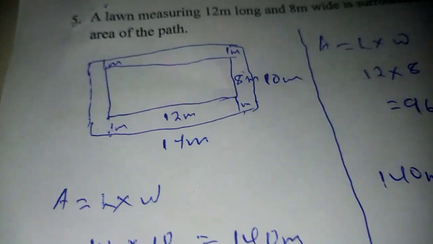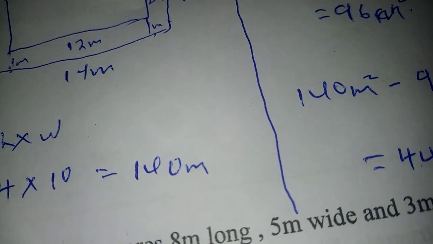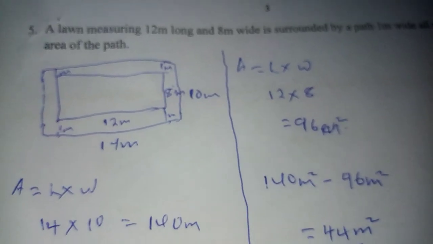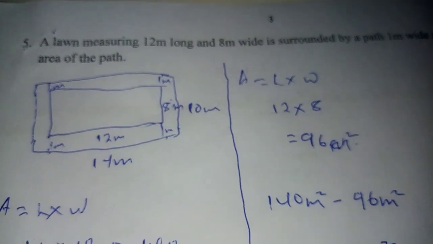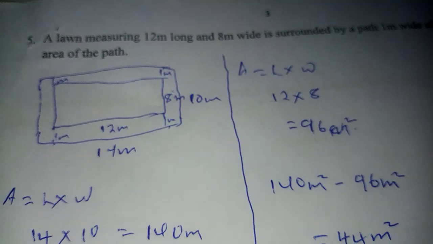This one gives me 44. So the answer here is just 44 meters squared. That is the area of the path.